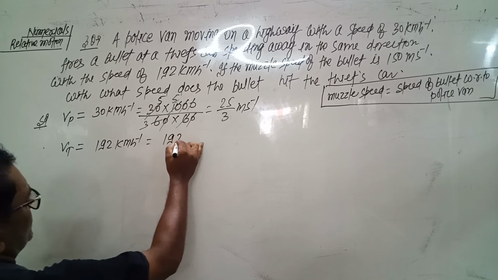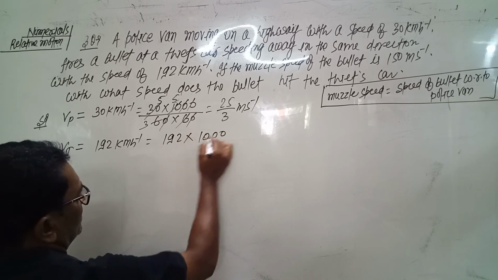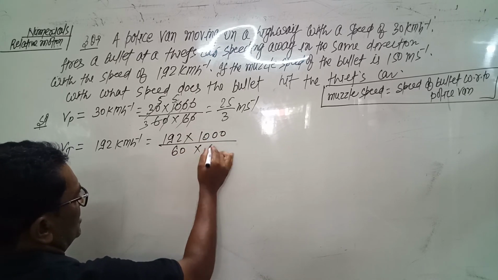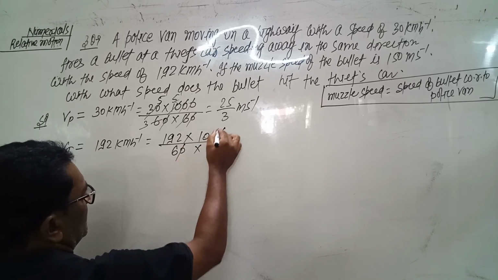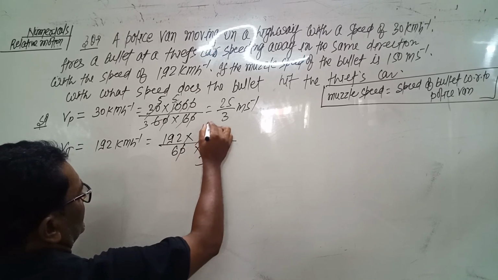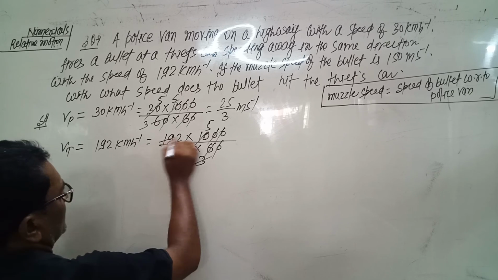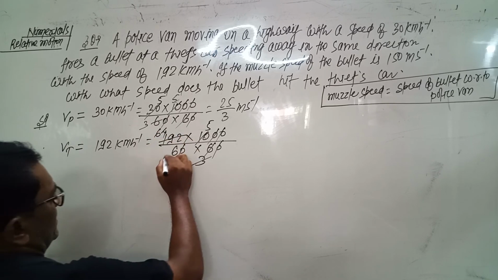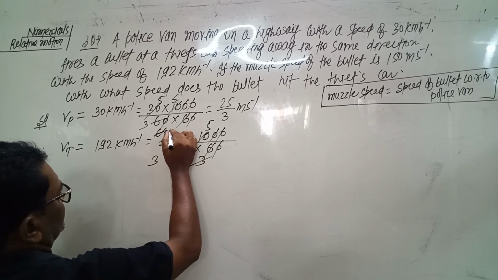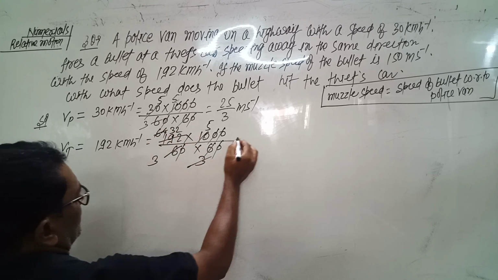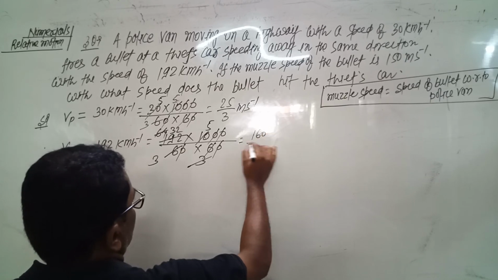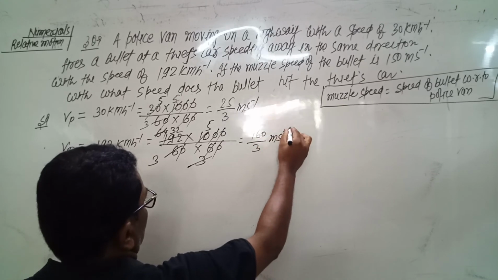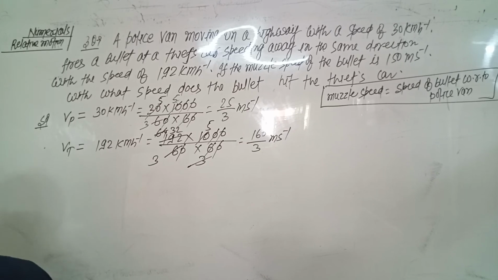So 192 into 1000 divided by 60 into 60, and this comes to be 160 by 3 meter per second. So speed of thief's car is 160 by 3 meter per second.